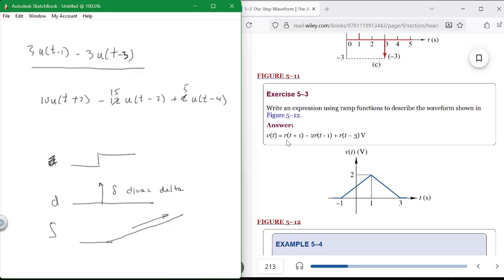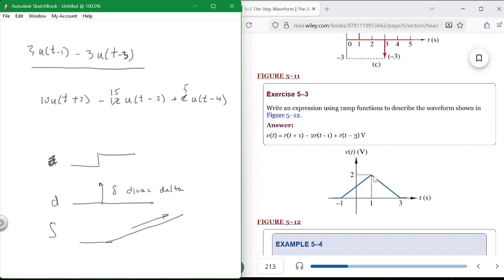So we say R, which is my rate of incline, t minus t plus 1. Instead of U, it's R. I've never used that before, but that's how you describe it. R, t plus 1, which is, it starts up there, minus 2.